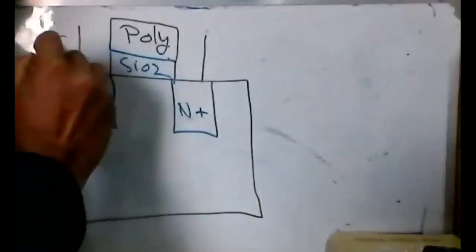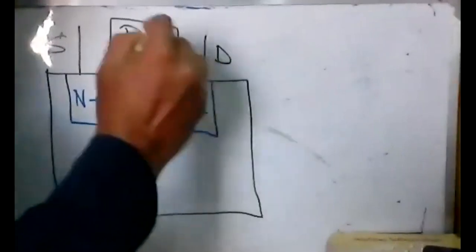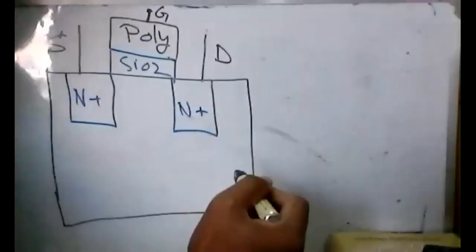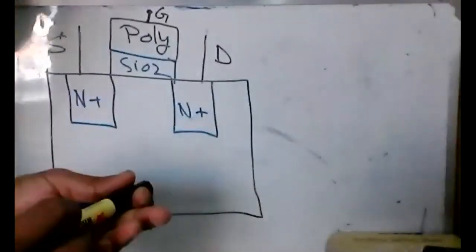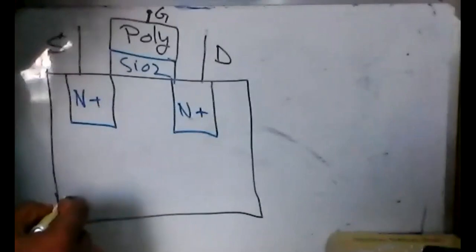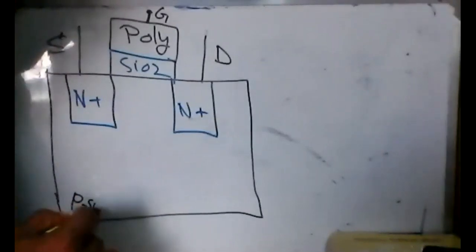So now let's say this is a source, this is a drain, and this is a gate. What we said last class: this is n-type, and this is a P substrate.